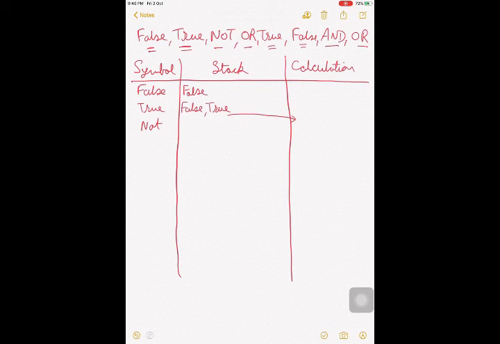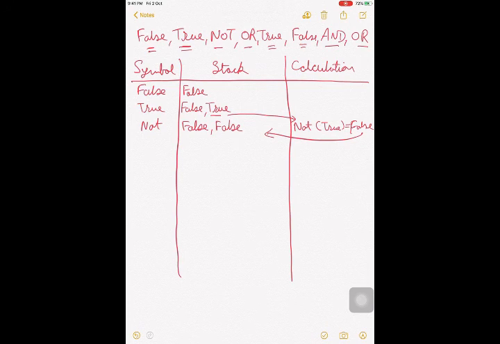You will write it like this: not of true. You know the property of not, it changes the result. So not of true will become false, and this false value will be pushed back to the stack. So we get the new stack as false, false. This step is very important, because not is a unary operator, so it requires only one operand, and when it is applied to true it becomes false, and when it is applied to false it becomes true.